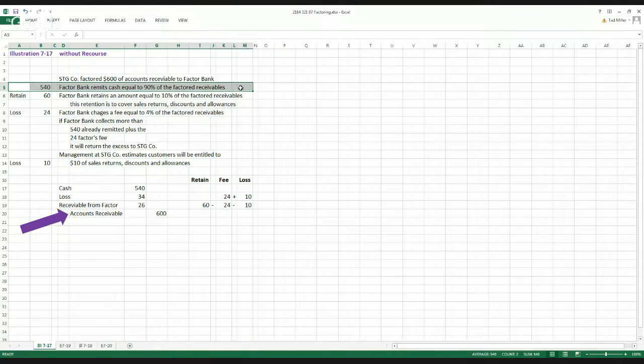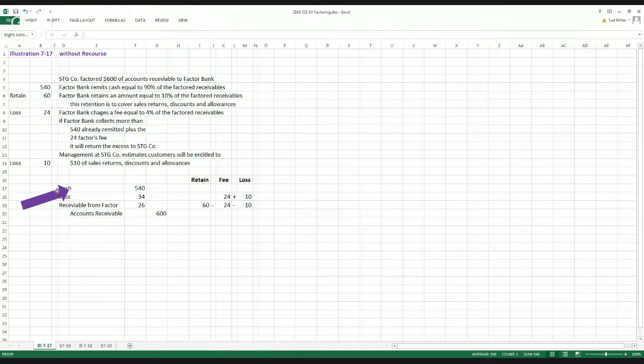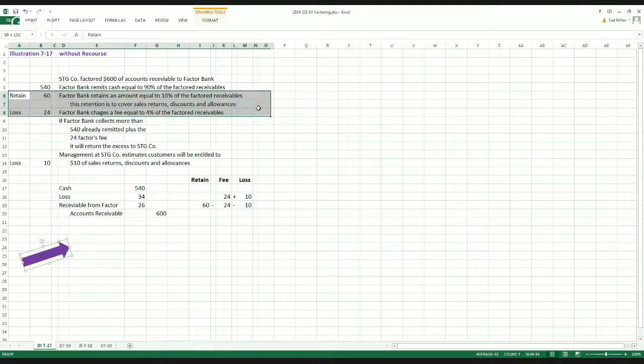The factor remits cash equal to 90% of the factored receivables, so we're going to get $540 cash. Then there's a word, retention. The factor is going to retain 10%, or $60, in order to cover sales returns, discounts, and allowances.